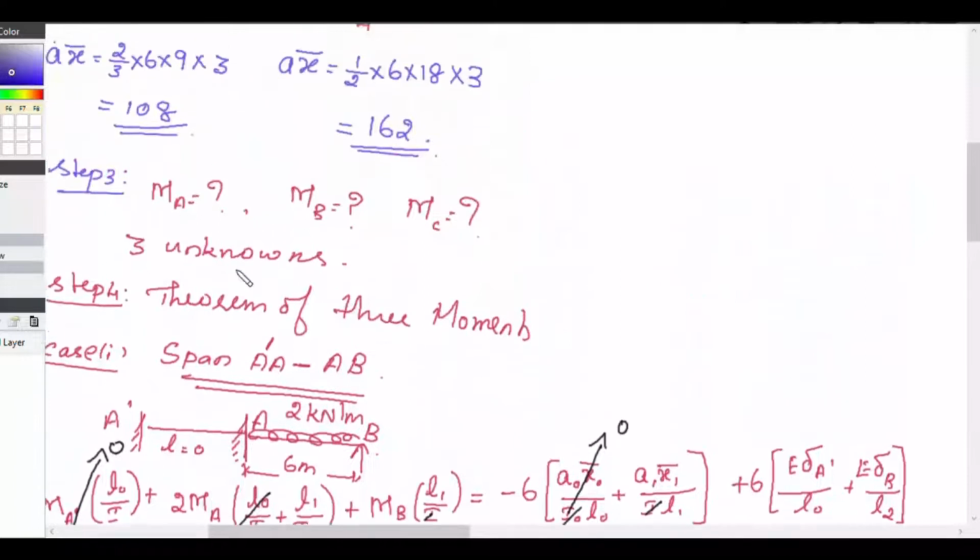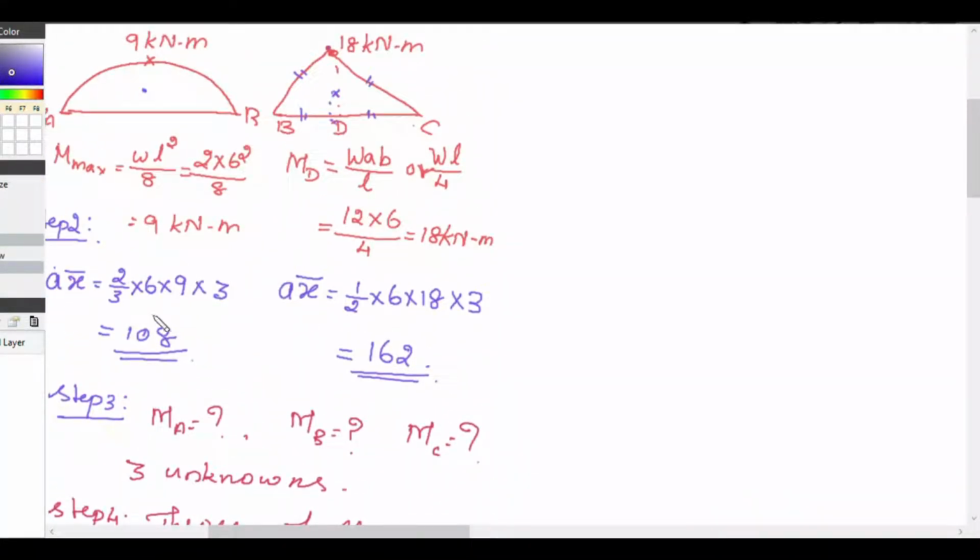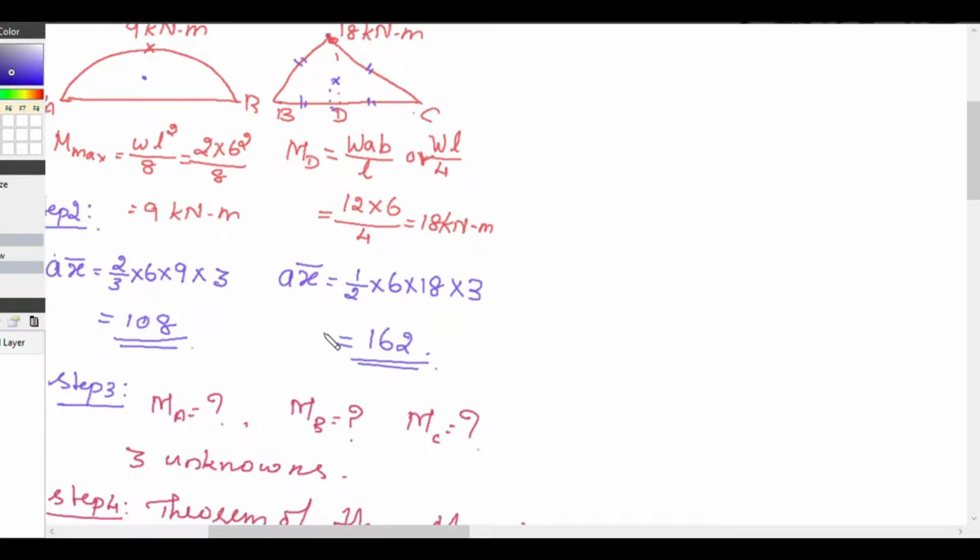We have already calculated that for span AB, A x bar is 108, and for span BC, A x bar is 162.